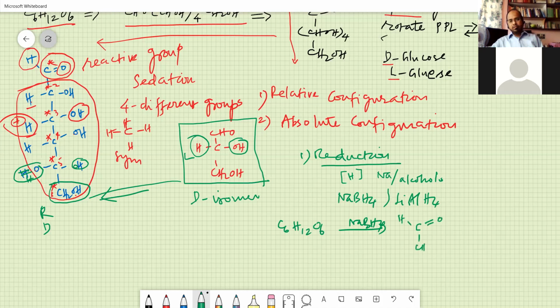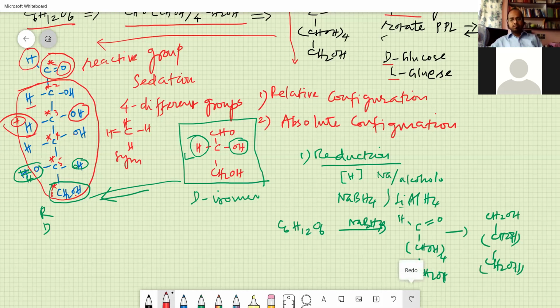So you will have CHOH 4 times, and then you will have CH2OH. So this will be converted into CH2OH again, and then CHOH 4 times and then CH2OH. So you can see that this particular group is being converted into a kind of alcohol.